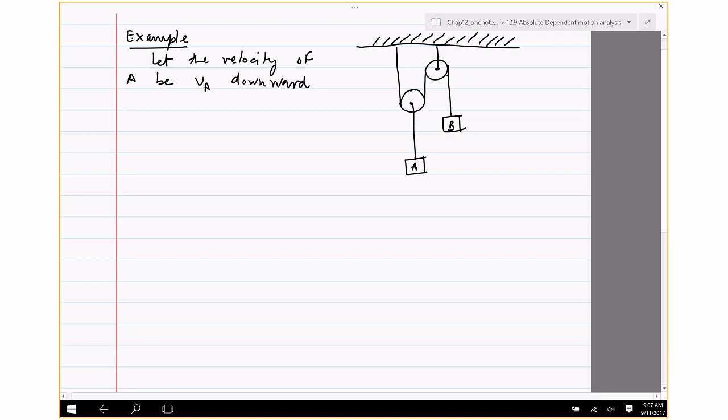So you're pulling A downwards with the velocity VA. Okay, so far there's no gravity, nothing. We're just looking at motion where there are no forces. So don't get confused. There's no F equals ma, nothing. It's only kinematics, which is motion of bodies. Find the velocity of B. So we want to relate the velocity of B to the velocity of A when we are given the velocity of A.